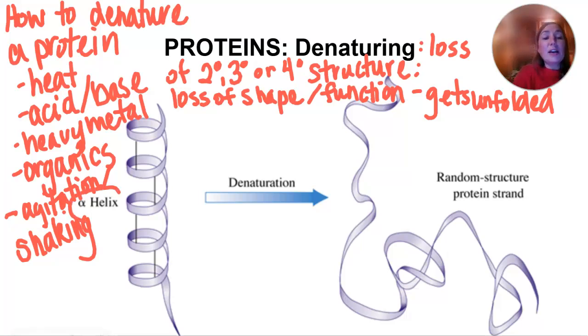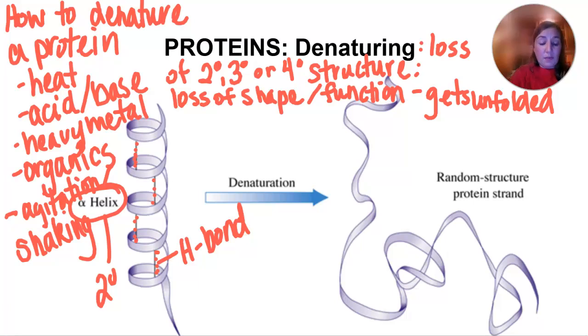So here we've got a picture of an alpha helix. And this is an example of secondary structure, right? Here are our hydrogen bonds. So we've got this almost ribbon shape, right? Curly Q on itself. And where one row kind of curly Qs or connects to the next, that would be an example of a hydrogen bond that's sort of holding the alpha helix together.